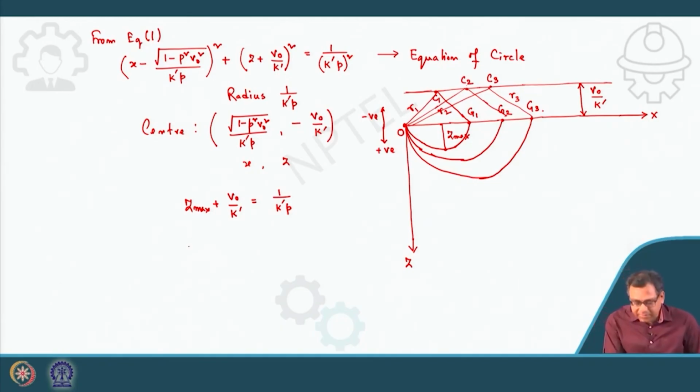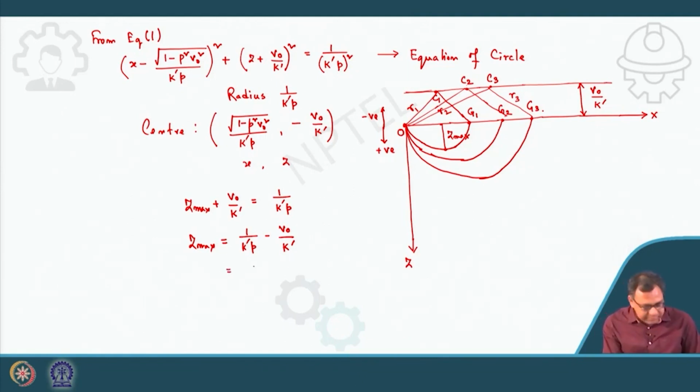Clear? So I will get my Z max value, that will be equal to 1 by K dash, P minus V0 by K dash. Clear?